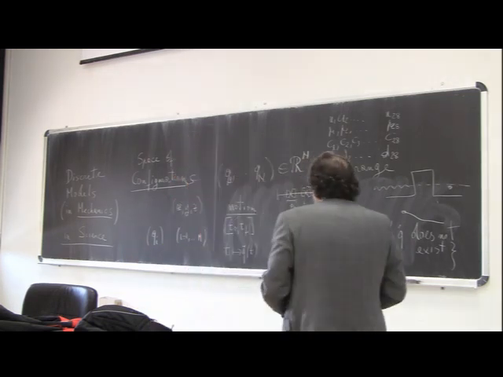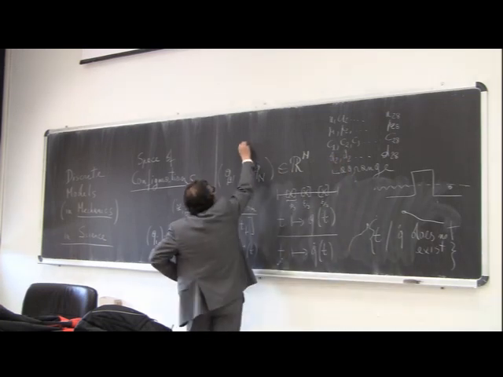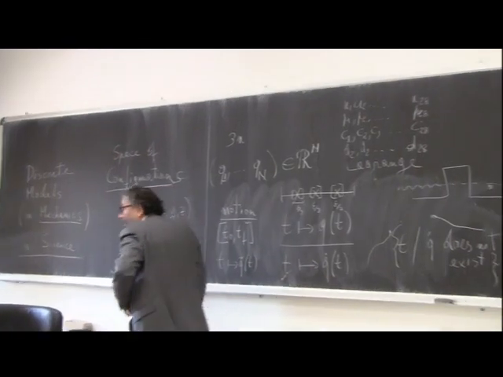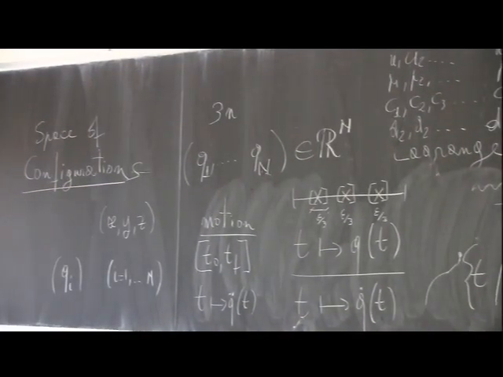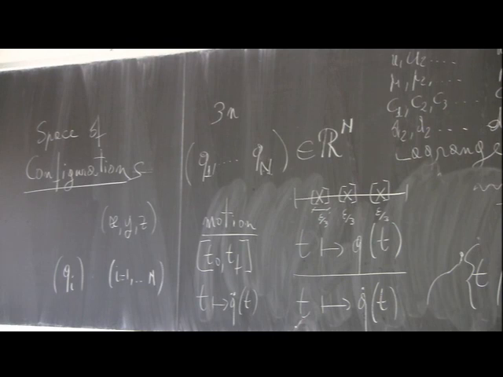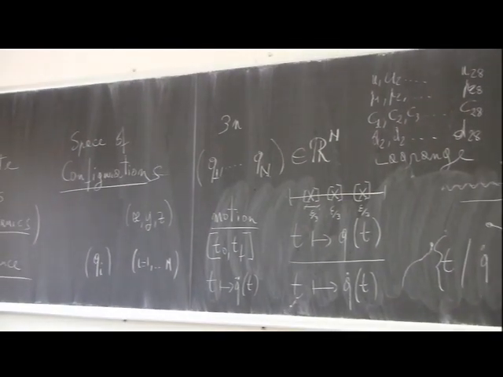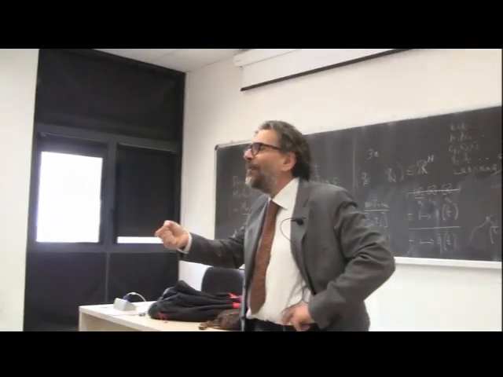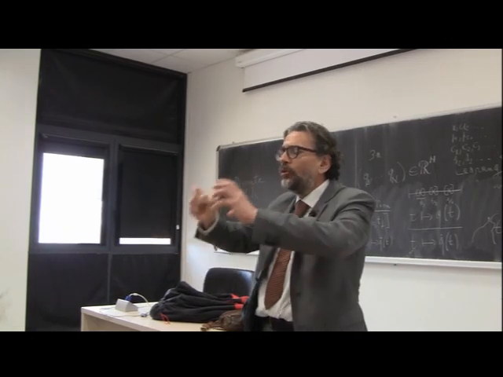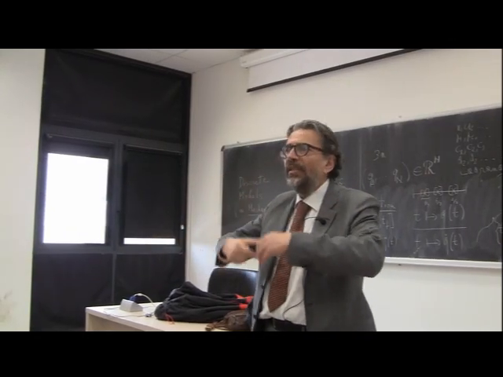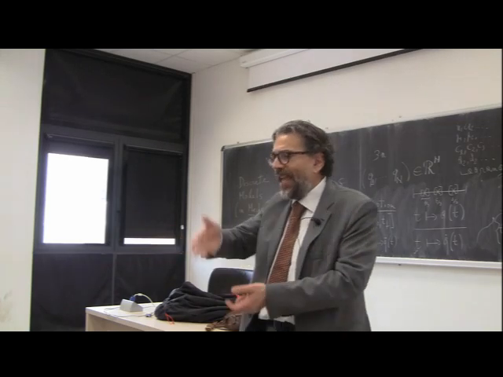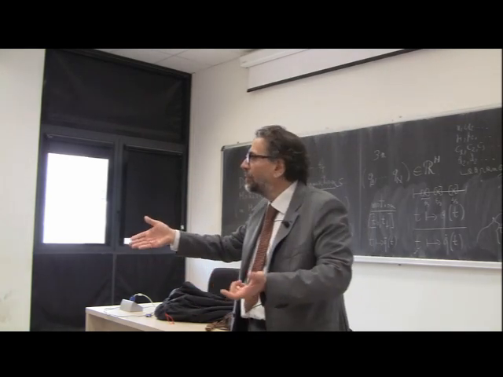So if you have small n planets, you have 3n degrees of freedom. The motion of the solar system is a function which to every time instant gives you the position of every planet. Okay. You can describe the motion by shooting a picture of the system at every time instant, and you say, oh, I have observed this motion.